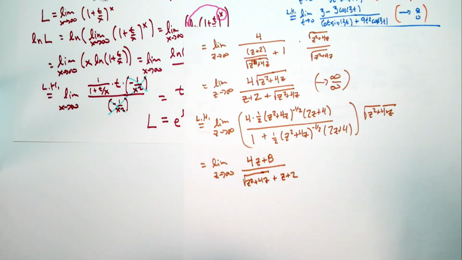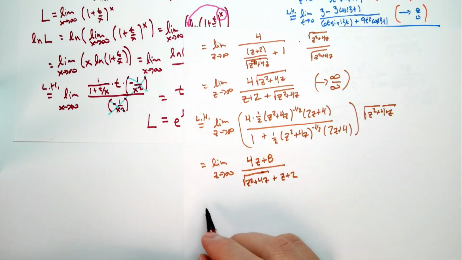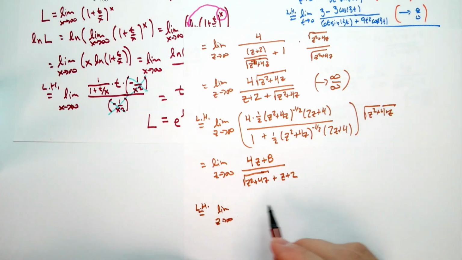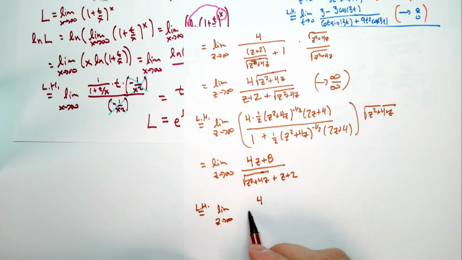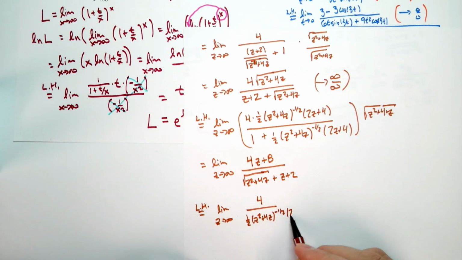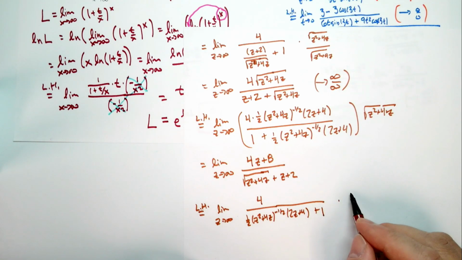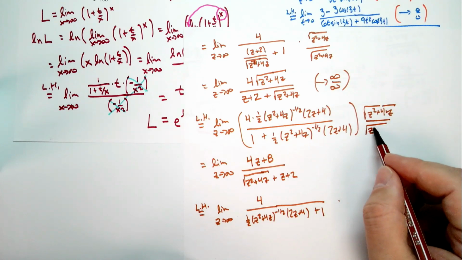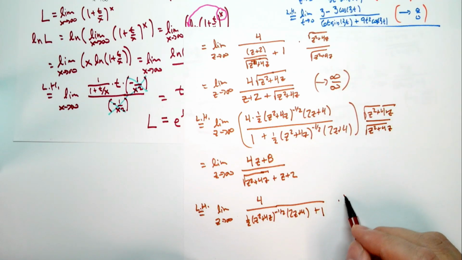Huh. Well, what do you say? Should we do it one more time? Maybe one more time, right? It's got to work eventually. Come on, l'hôpital. One more chance, my friend. Okay. So, upstairs we get 4. And downstairs, well, a half z squared plus 4z to the minus a half times 2z plus 4 plus 1. Again, we're going to multiply top and bottom here, and we'll do the same thing.